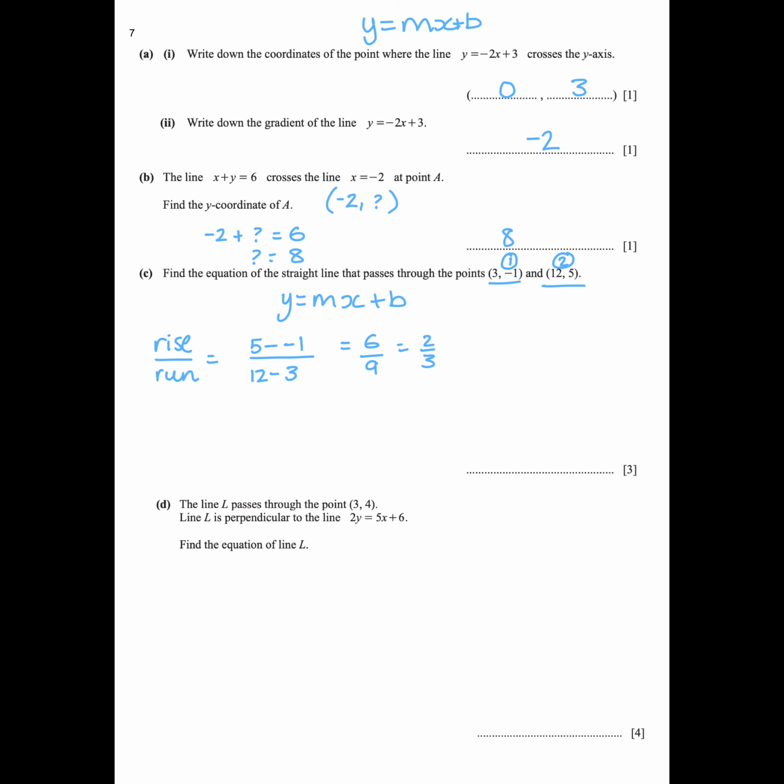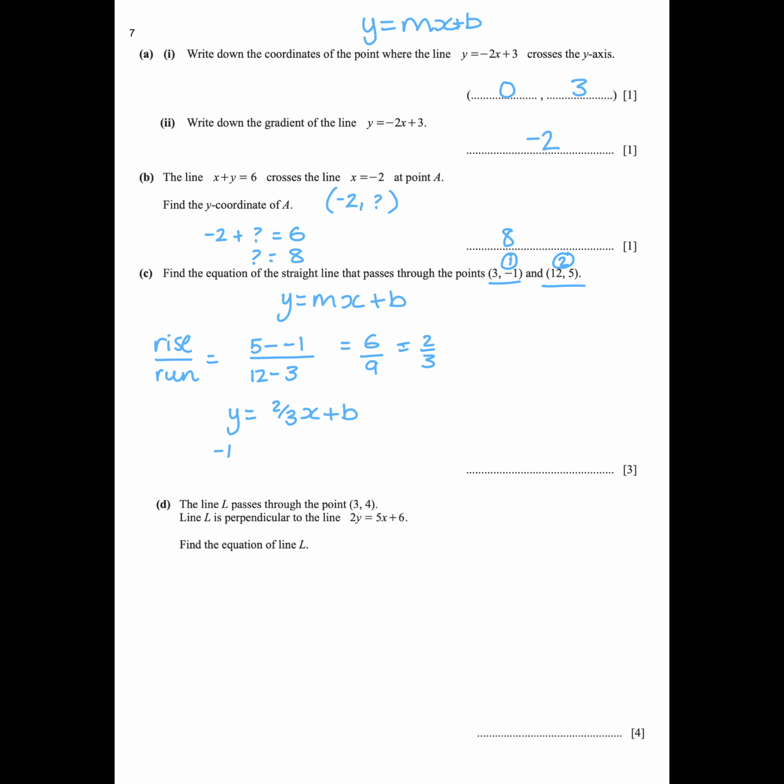And then I need to find my b value. So we know that the equation is y equals 2/3 of x plus b. To find the b value, I can substitute in, similar to what we did earlier, either this coordinate or this coordinate into my x and y, and that will help me find b. For this one, I'm going to take this coordinate here, (3, minus 1).